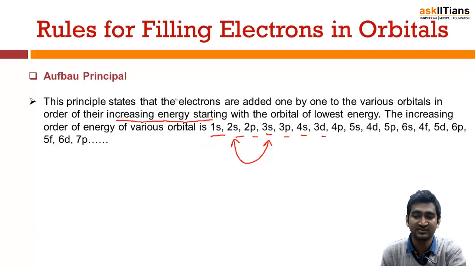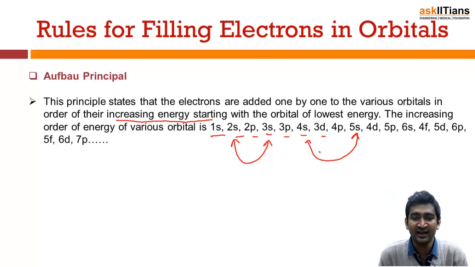You can see here that 2p comes, and also between 3s and 4s, 3p comes. And between 4s and 5s, you can see that 3d and 4p come. How this energy trend is decided, I'll tell you now in short.